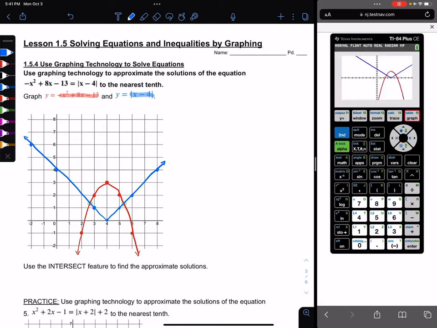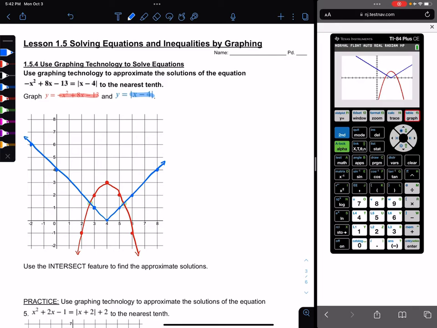Just keep in mind that one of the solutions is going to be somewhere about here, and the other one should be somewhere about here. So maybe like 2.8 or 2.7, and something like 5.2 or 5.3. That's kind of an area that we're looking for. So somewhere between 2 and 3, and somewhere between 5 and 6.